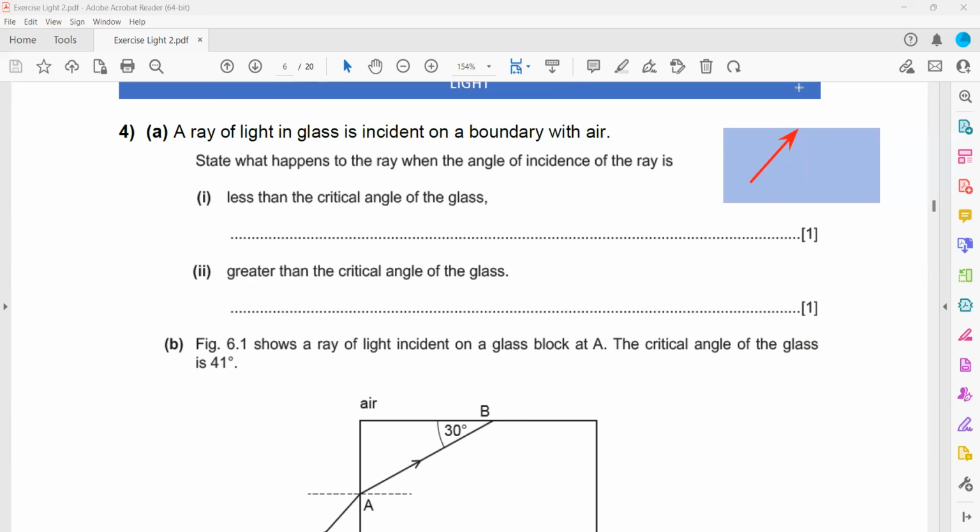So it will refract. Refraction of the light will occur, because the angle of incidence is less than critical. It will change its direction, bending away from the normal.